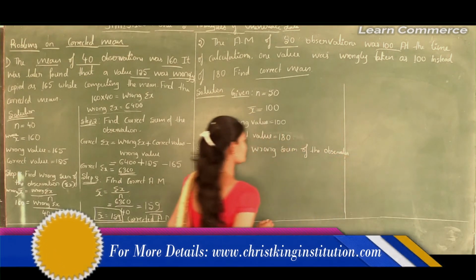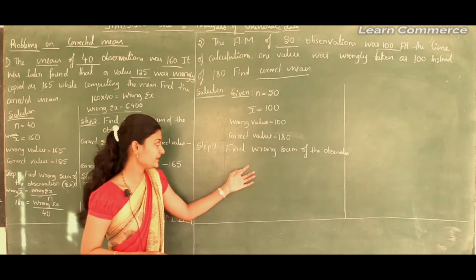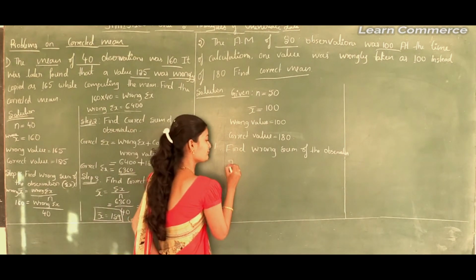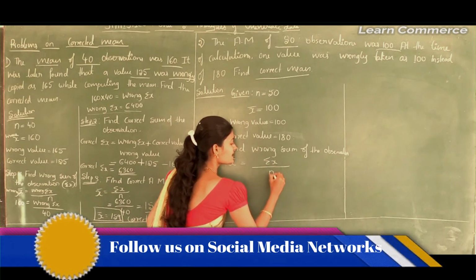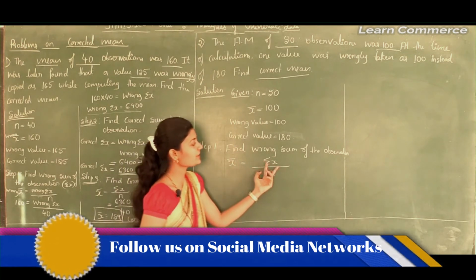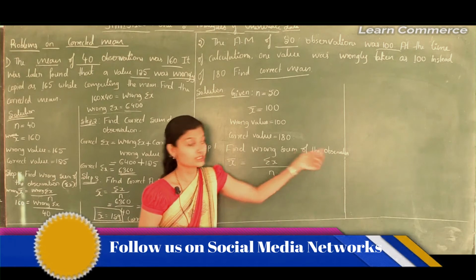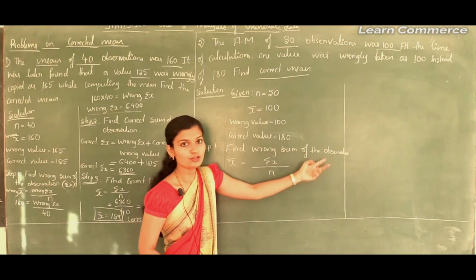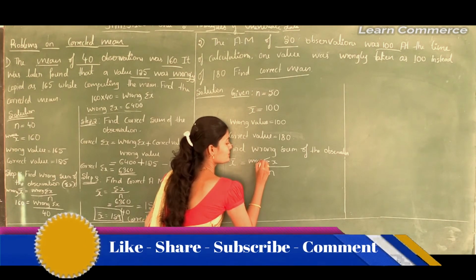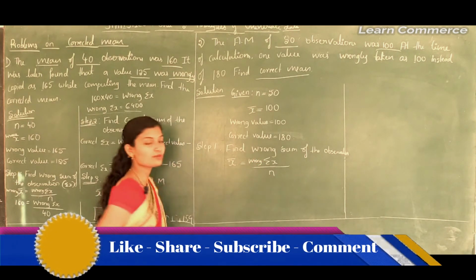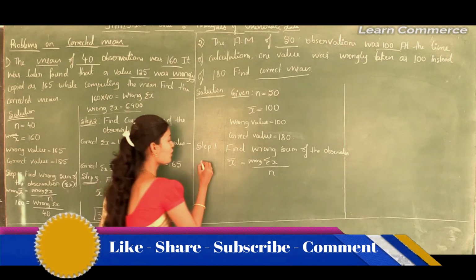To find it, we need the arithmetic mean formula: x bar is equal to summation x divided by small letter n. Here summation x means the sum of the observations. Here we need the wrong sum of the observations, so we need the wrong arithmetic mean.